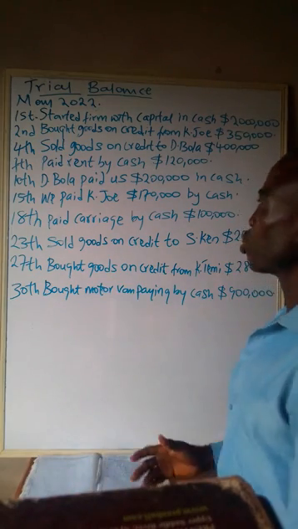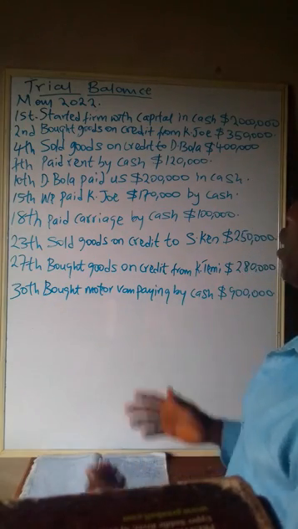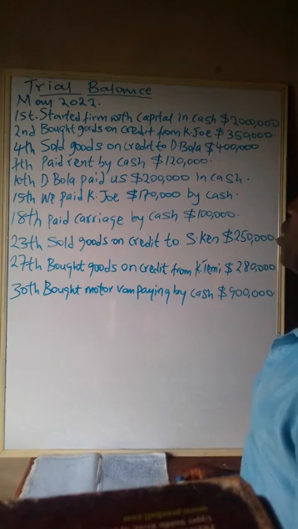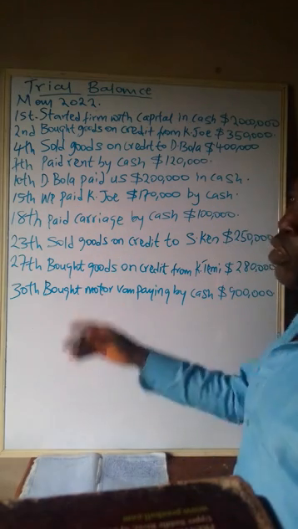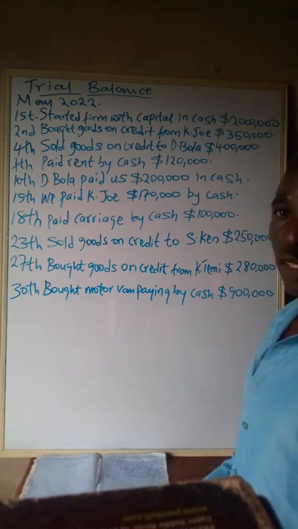The total figure of both sides must be equal. The amounts posted to the trial balance are used to prepare the P and L and also the balance sheet.